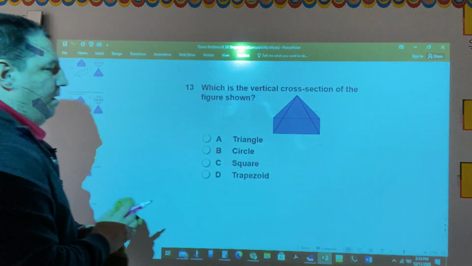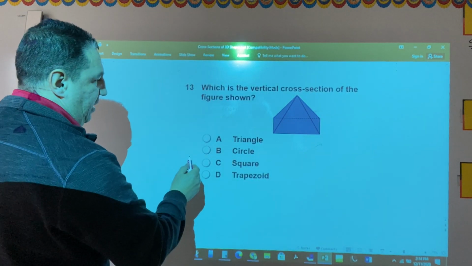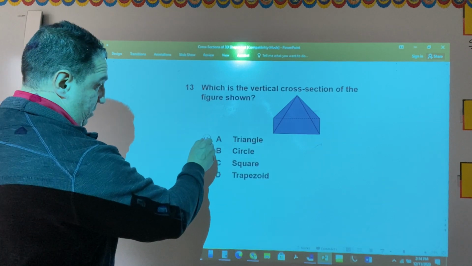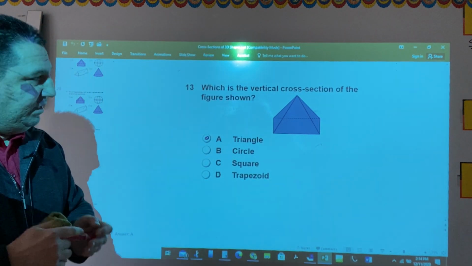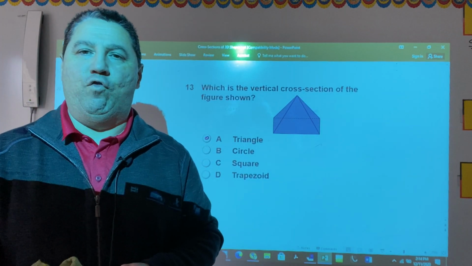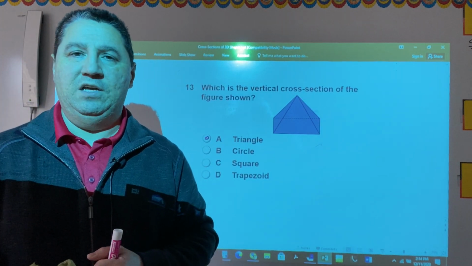But the answer is a triangle. Now, that is all we have for this lesson.